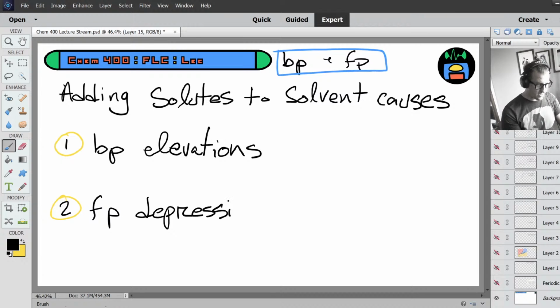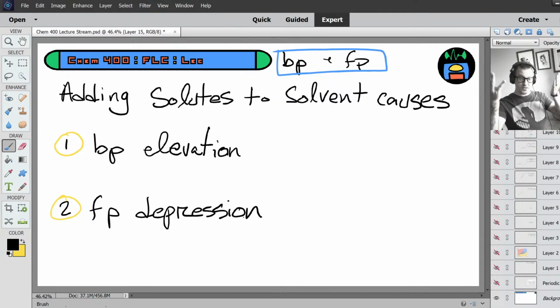So adding solutes to a solvent simultaneously raises the boiling point, and it decreases the freezing point. The freezing point of the solution will be lower than the freezing point of the solvent.